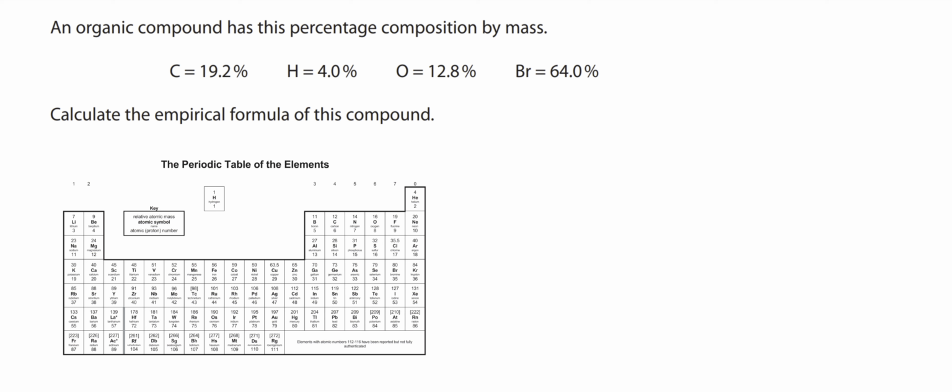So you start off by writing the ratio of these percentages of the elements. So C to H to O to Br. And in terms of percentages, the ratios are 19.2 to 4 to 12.8 to 64.